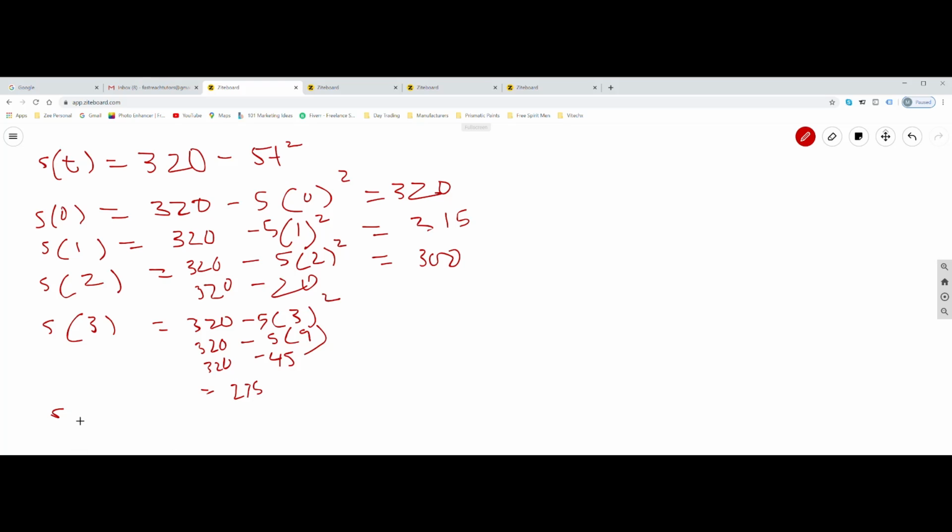And you have s(4) equals 320 minus 5 times 4 squared, which is 16. 5 times 16 is 80. So 320 minus 80 is equal to 240.